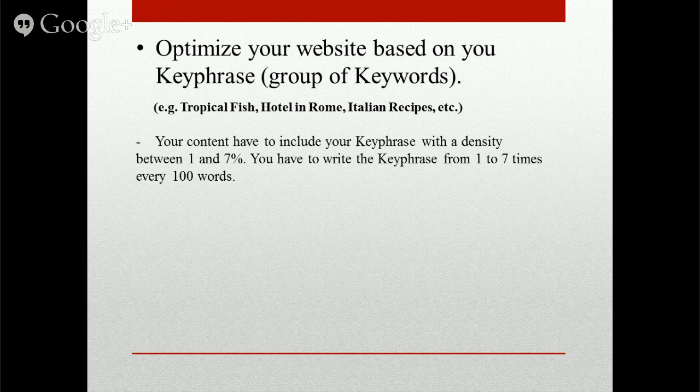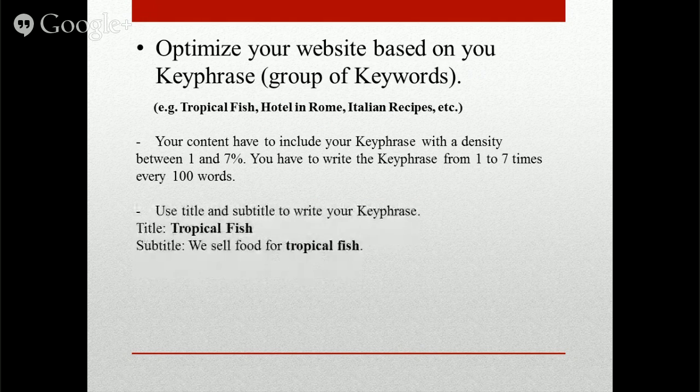And as I said before, you should think a lot about the keywords you want to use. Here there is an example. Let's say I have a shop that sells tropical fish. The title that I can put in the web page is tropical fish, because I'm selling tropical fish.